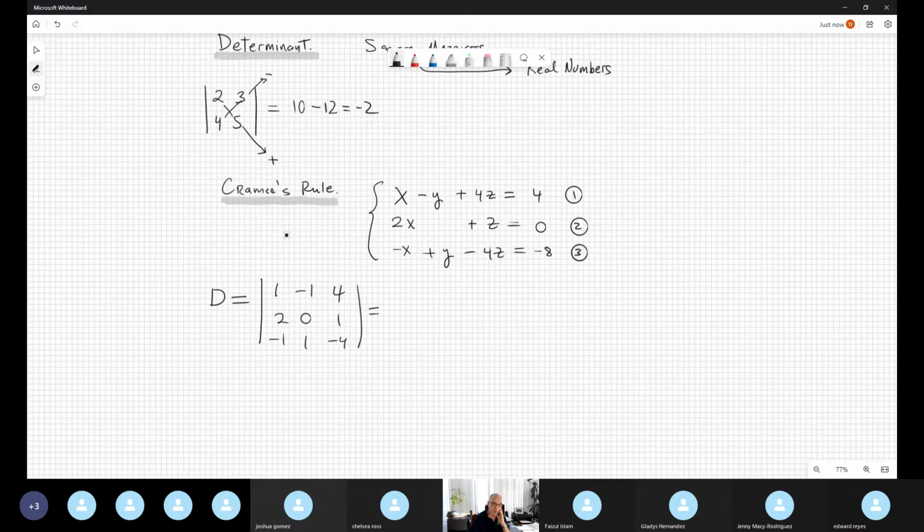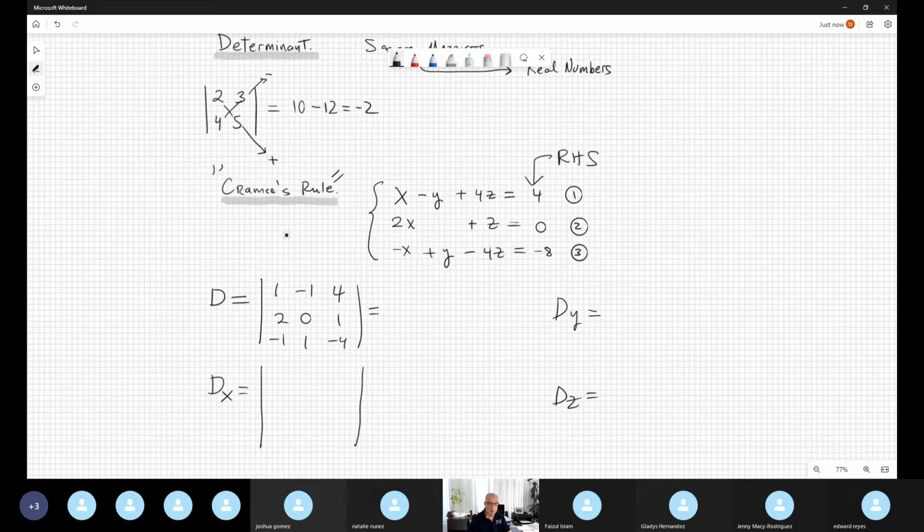Now, Cramer's rule says, after you compute that, you compute Dx, and Dy and Dz, another determinant for each variable, x, y, and z. The only thing you need to organize is you copy the right-hand side numbers into the column that corresponds with the same variable.